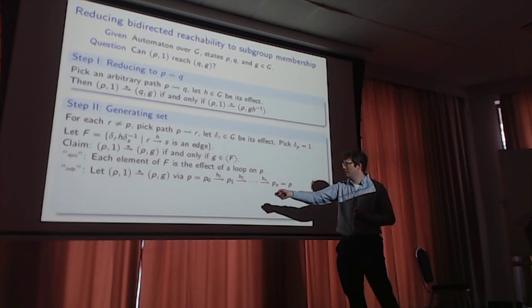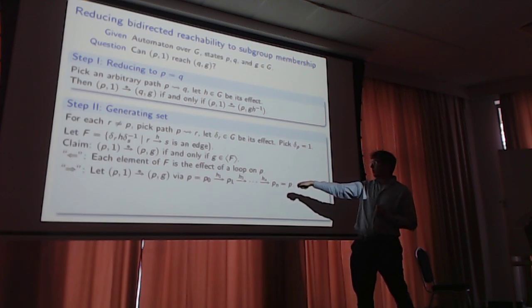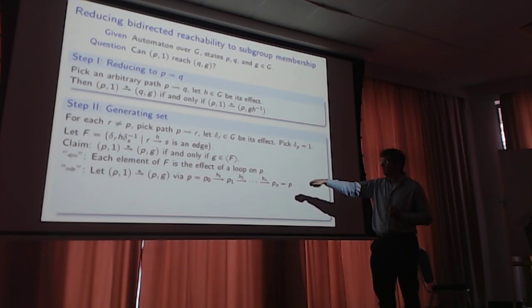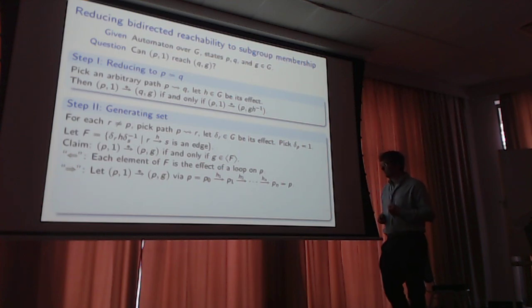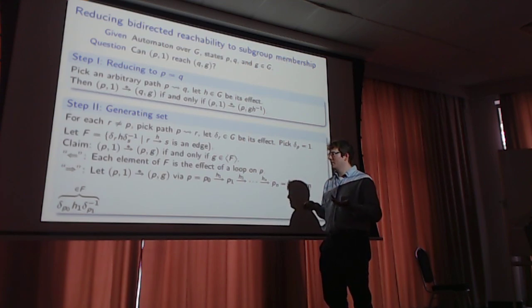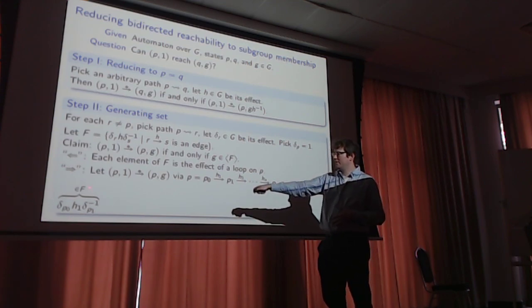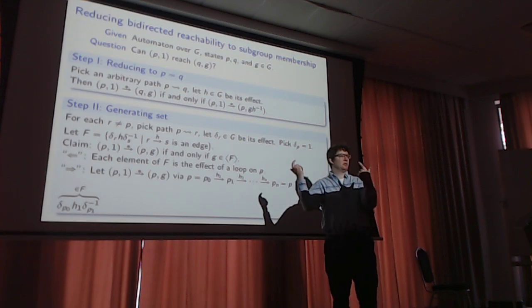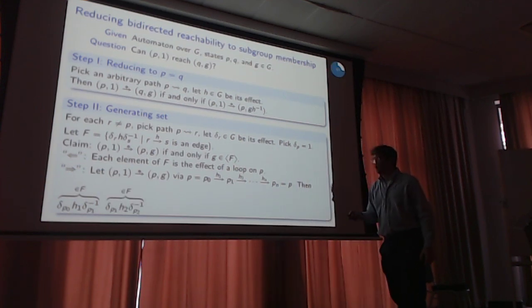So suppose you have some run that reads H1, H2 up to Hn, and it reads our target element G. Then you do the obvious: construct the obvious path. You just take all the paths that correspond to the edges on your path. Right?